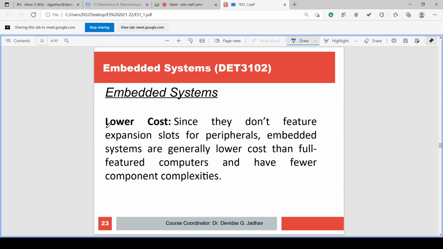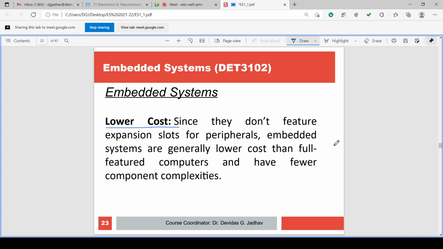Lower cost. The embedded system must have very low cost. Any system, rather any engineering system, always the attempt is made to lower the cost. Suppose there is a vehicle, a truck, a car, a two-wheeler, always the company will try to lower the cost by many management, production, material related and manpower related techniques or practices.